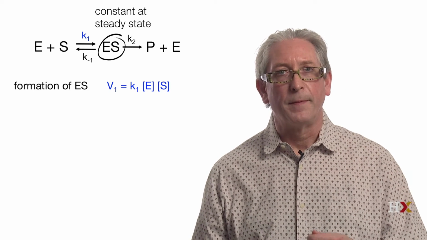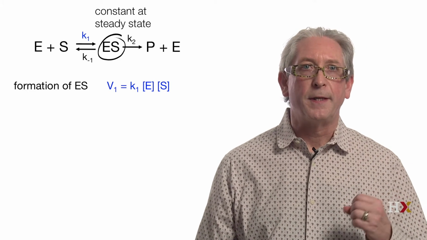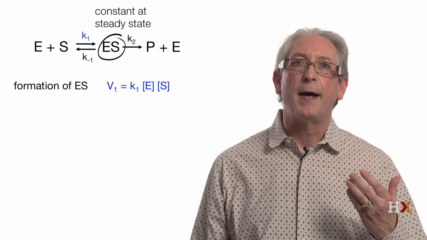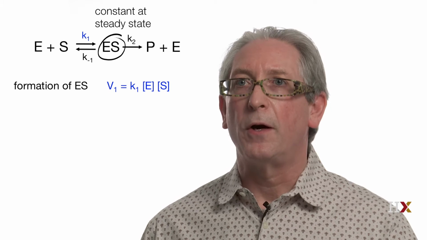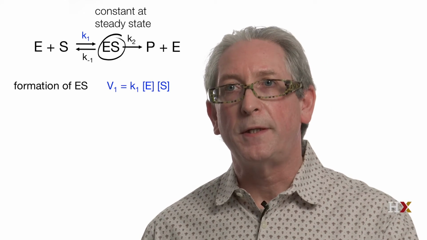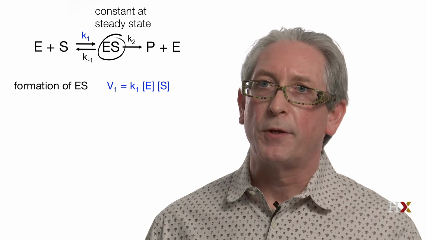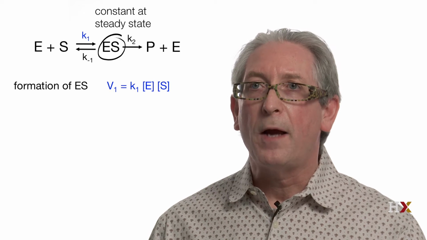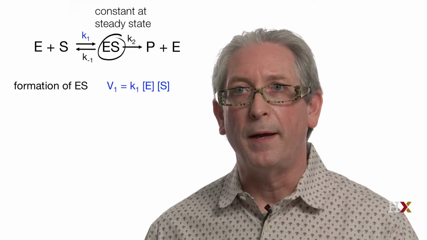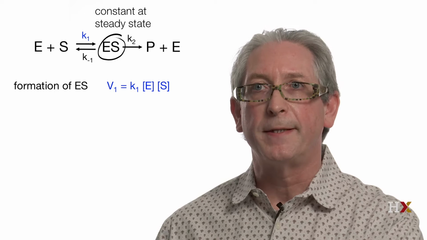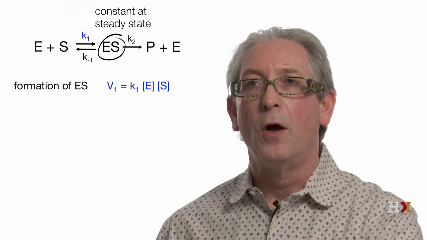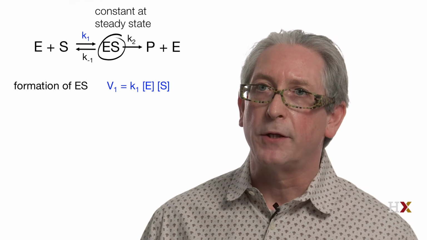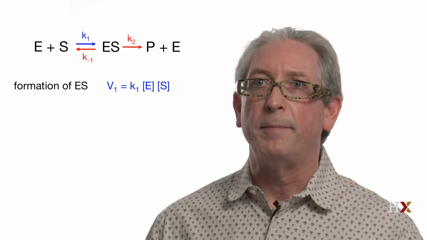The second thing that we have to determine is the rate of the dissociation of the enzyme-substrate complex. And this complex can dissociate in two different ways. We can have production of enzyme plus product, or we can have the reverse reaction where the enzyme dissociates from the substrate.